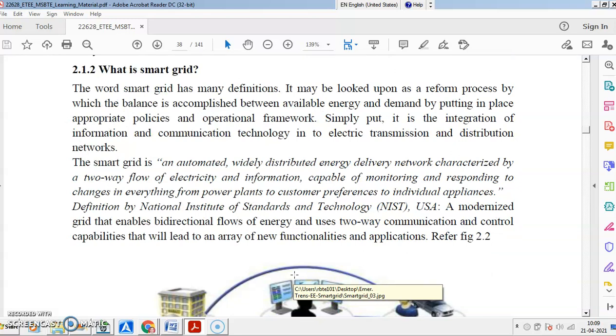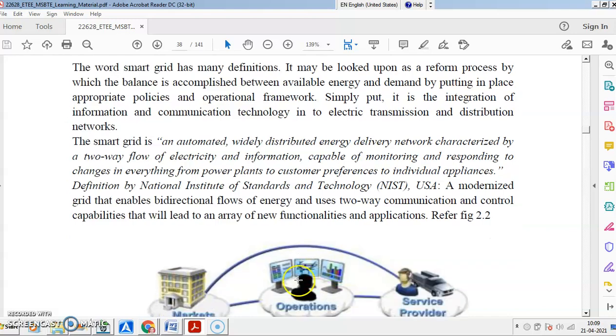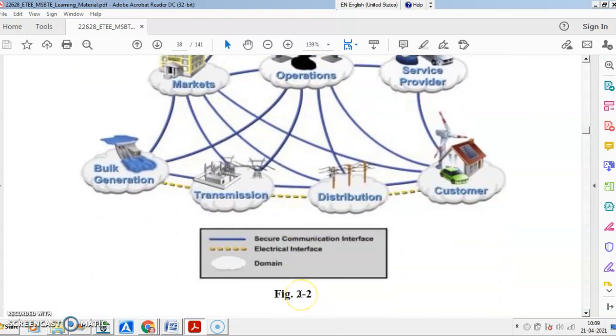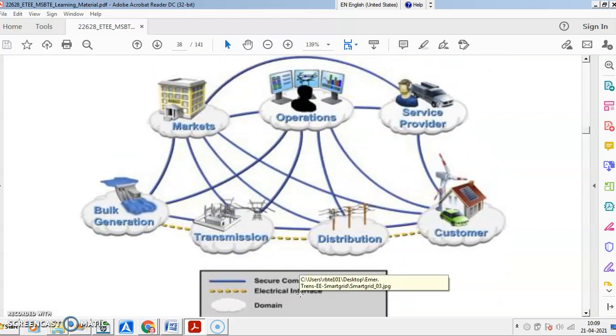So that is the scientific definition of a smart grid. Simply look at the figure over here. What do we have in a smart grid? We have generation, that is, bulk generation, transmission, distribution, and customer.